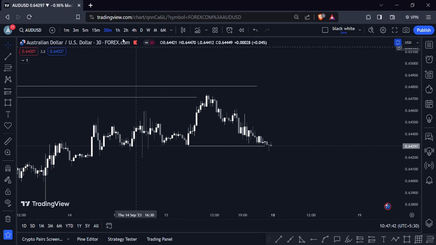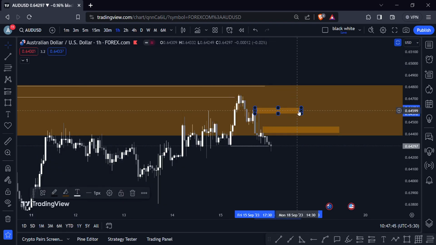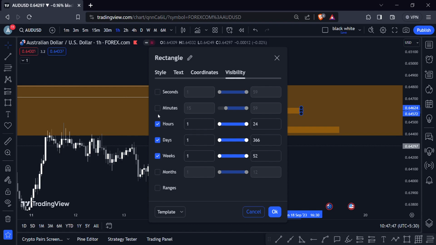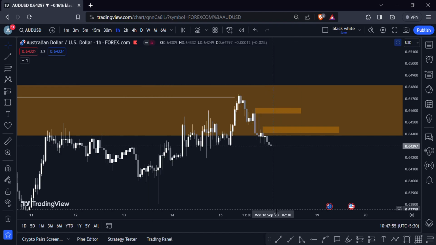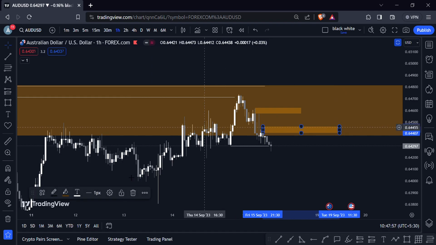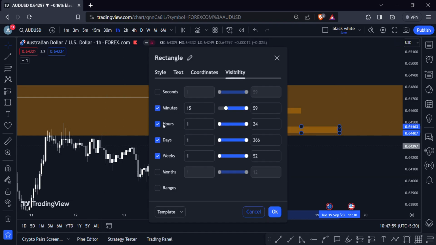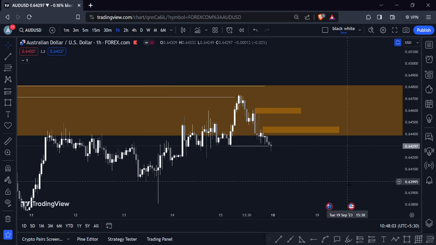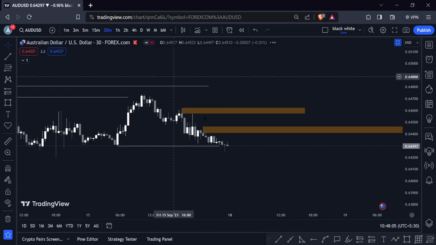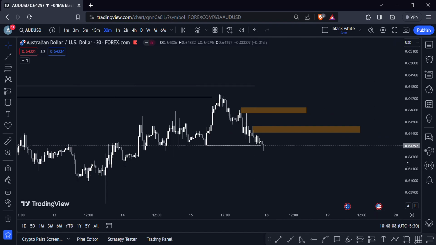So possibly the price can respond back to this zone and cross this zone. Let's get to the 30 minutes. Okay, sorry. Let's change the visibility of it. I need to do it again and again. No problem with that. Let's see. Okay, let's get to the 30 minutes. So what do we have?